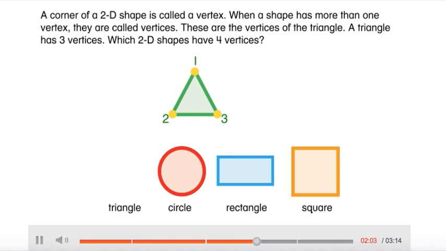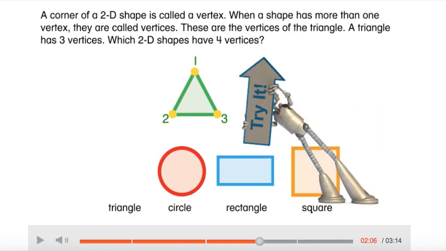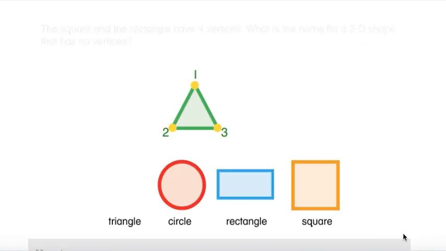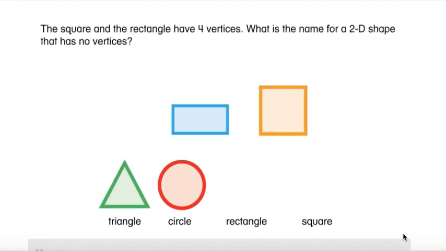A triangle has 3 vertices. Which 2D shapes have 4 vertices? The square and the rectangle have 4 vertices.